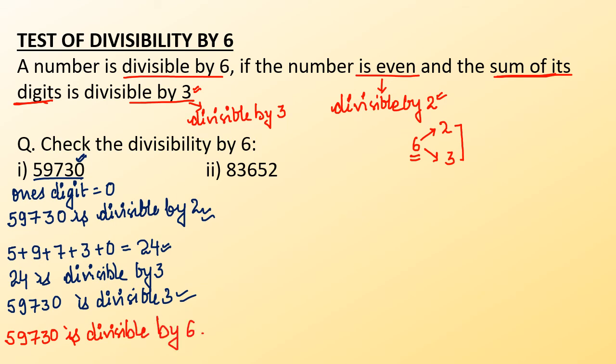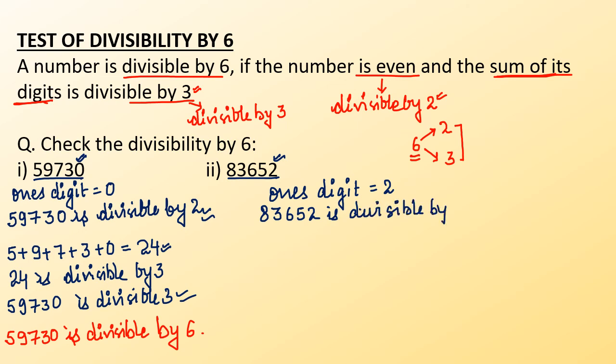The next number is 83,652. Here the ones digit is 2. It is an even number, so 83,652 is divisible by 2.